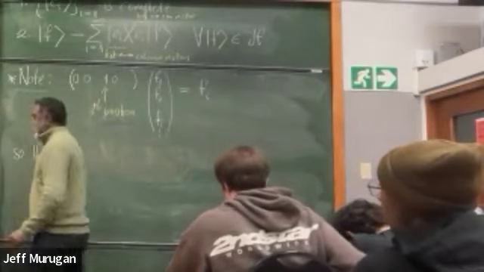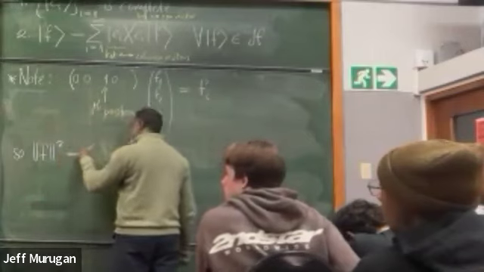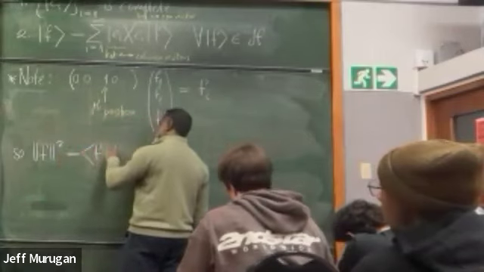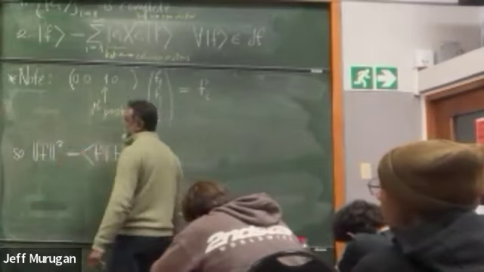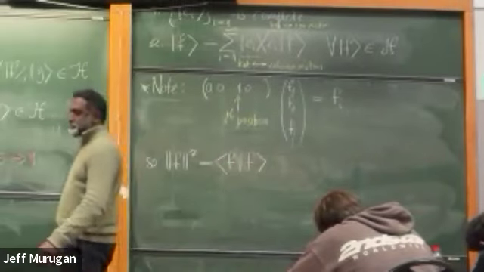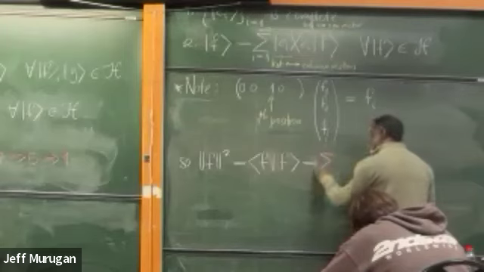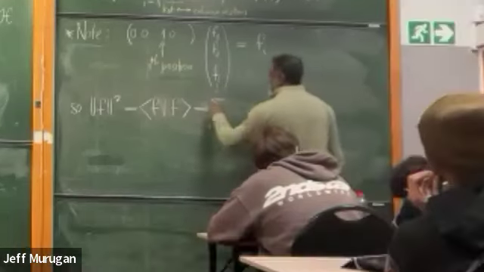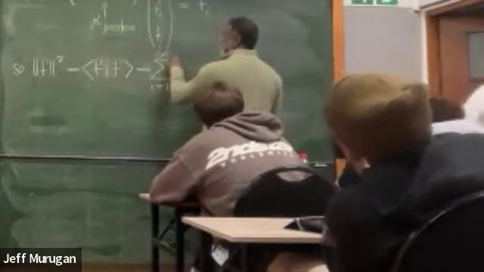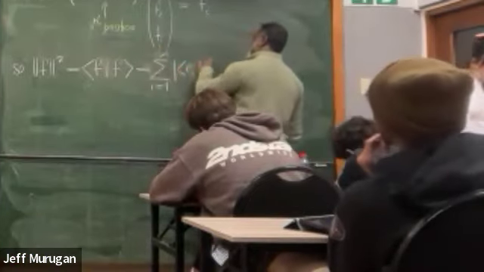Well, what we're saying is the inner product of F with F. And what that tells us is that this is equal to the sum from i equals 1 to infinity of the inner product of E_i with F.